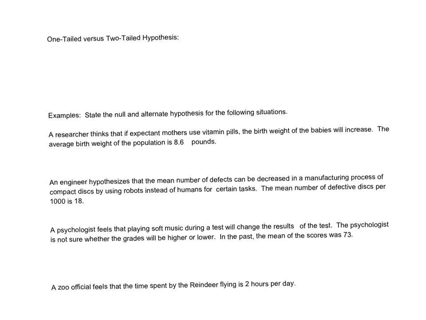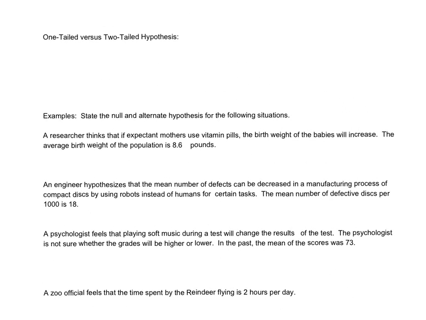So we typically give names to this, so you'll hear these terms a lot when we talk about one-tailed versus two-tailed hypotheses. Essentially, if the alternative hypothesis is the not equals, then we call it two-tailed.